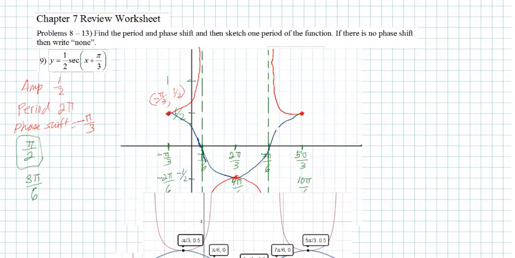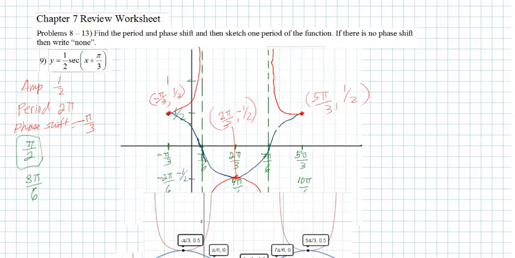So the other one would be 2 pi over 3, negative 1/2, and this one would be 5 pi over 3, 1/2.